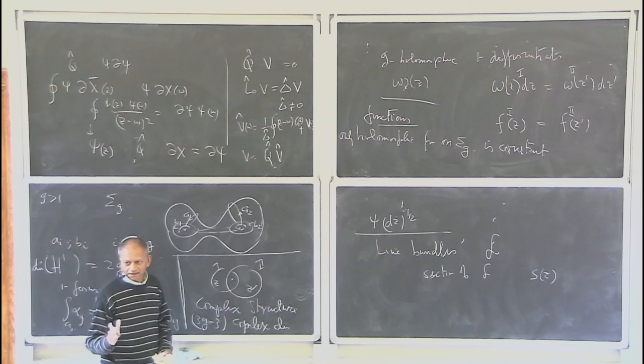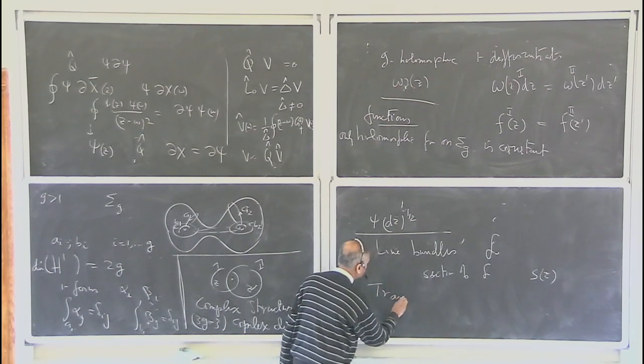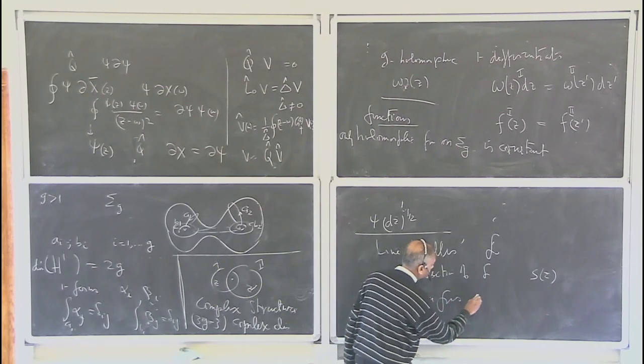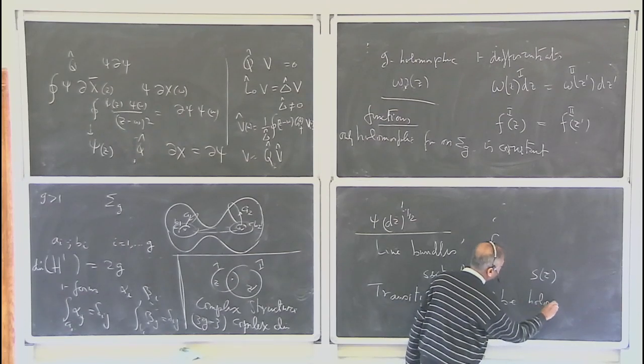That is the important point. So the transition functions will be holomorphic in the overlap region.